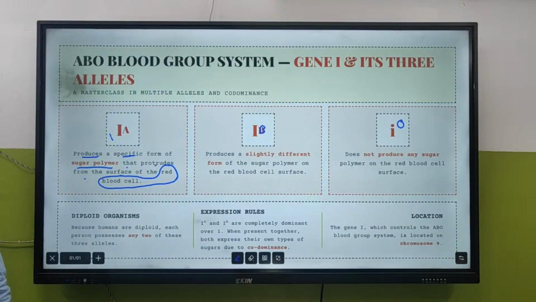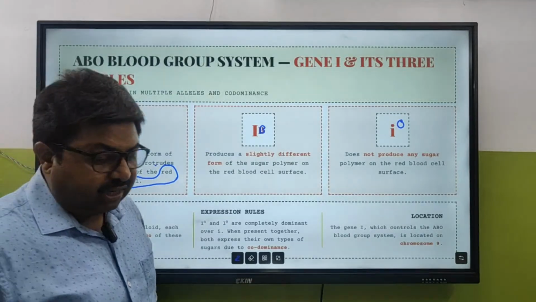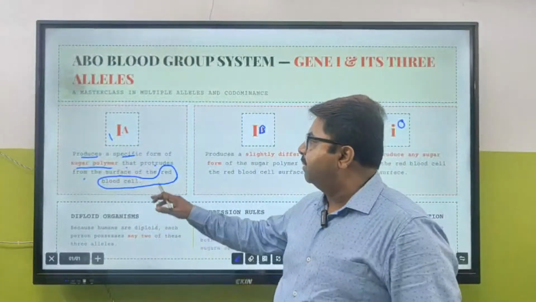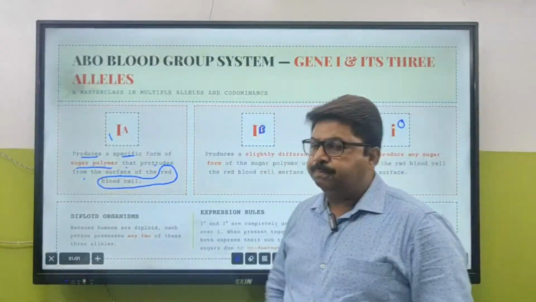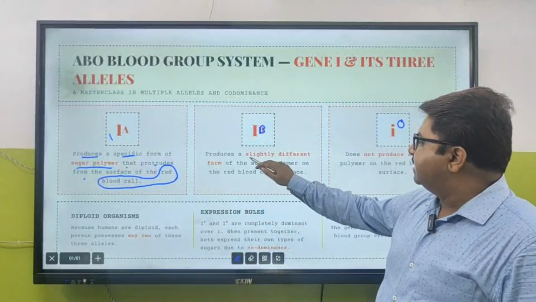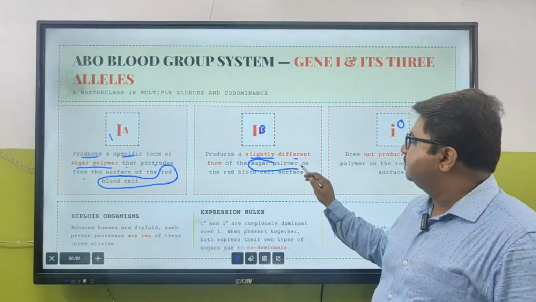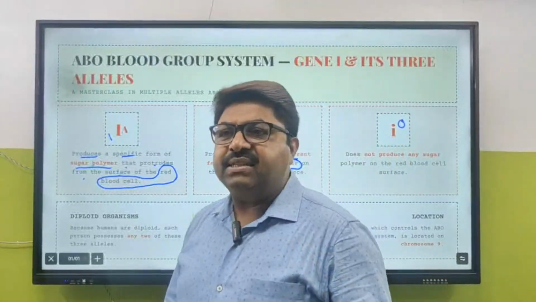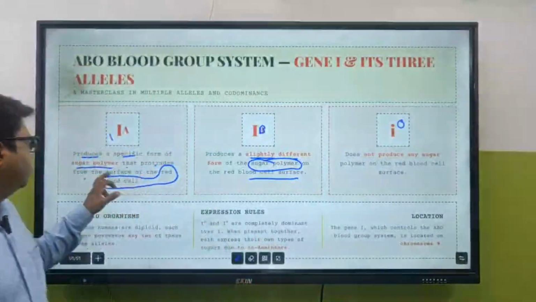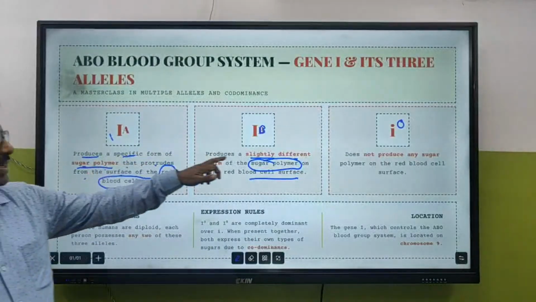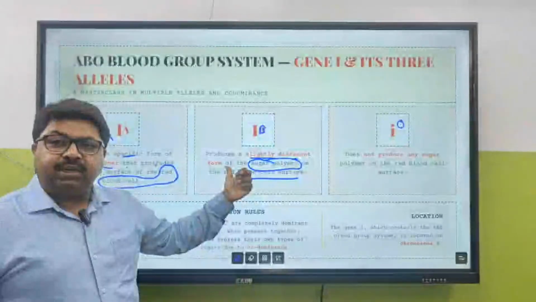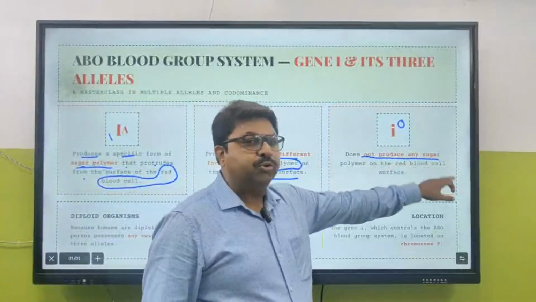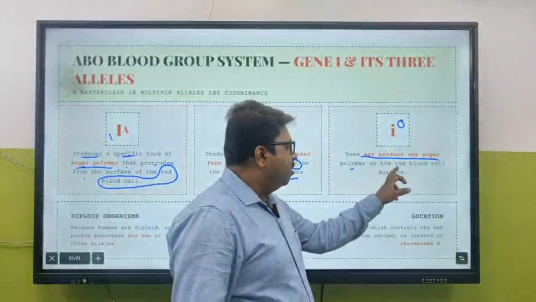So they are present on the surface of the red blood cell, whose membrane is called the Donnan membrane. IB produces a slightly different form of sugar on the red blood cell surface. IO does not produce any sugar polymer on the red blood cell surface.